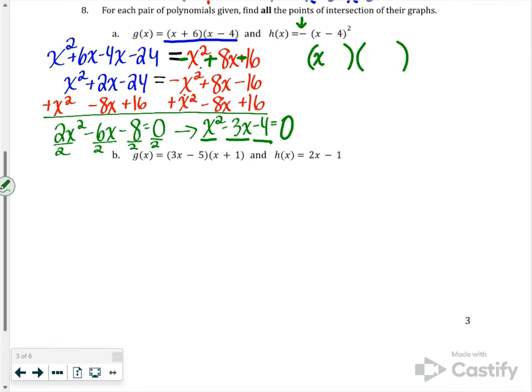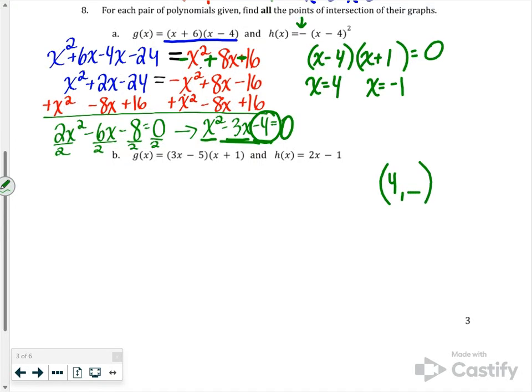And we need 2 numbers that are going to multiply to negative 4, but add up to negative 3. So that's going to be minus 4 and plus 1. So we have x equals 4 and x equals -1 as our x values. So the answers to this problem are going to be 4 comma something and -1 comma something.